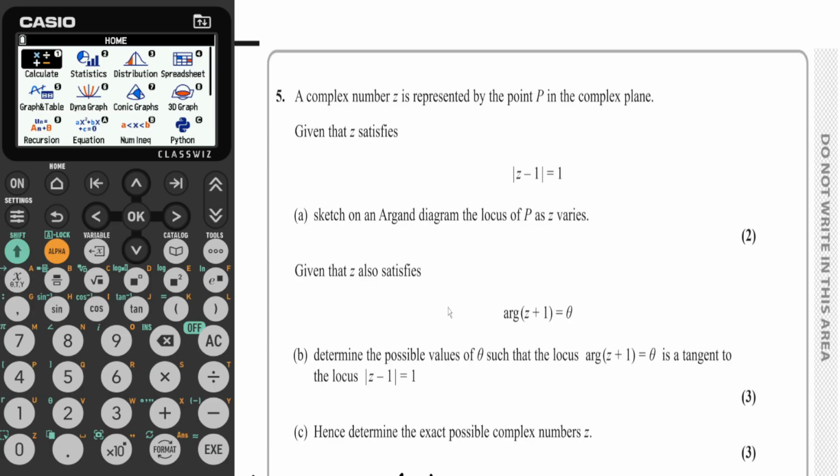Given that z also satisfies arg(z + 1) = θ, part B, determine the possible values of θ such that the locus arg(z + 1) = θ is a tangent to the locus |z − 1| = 1.